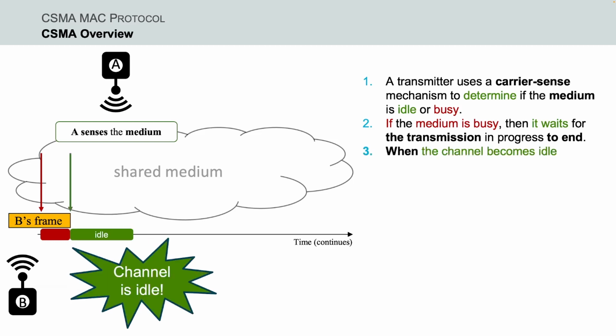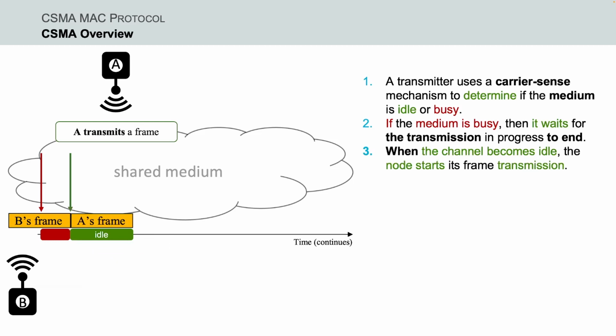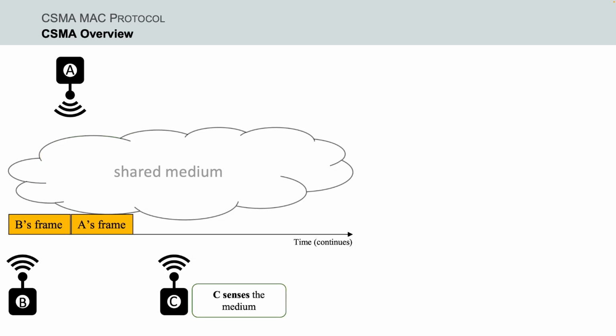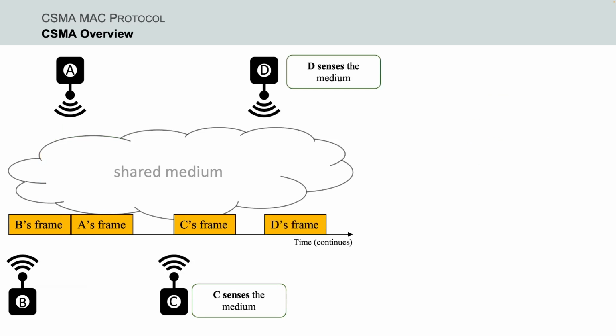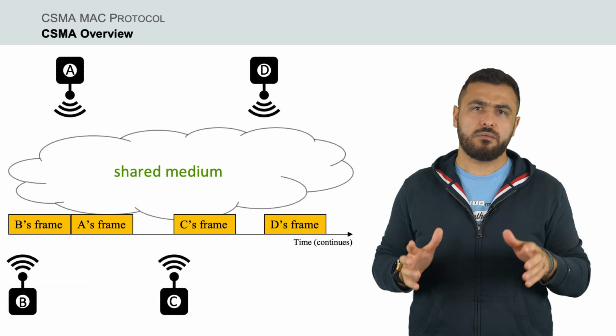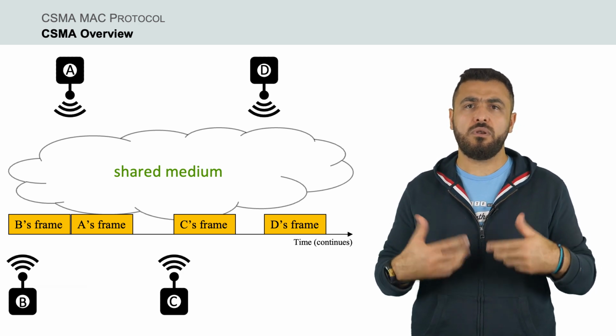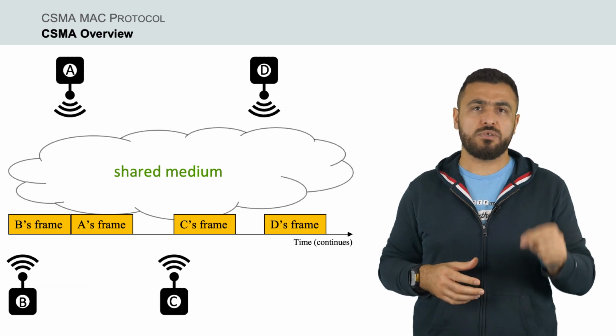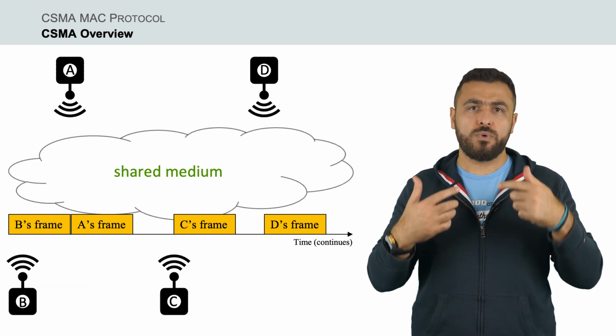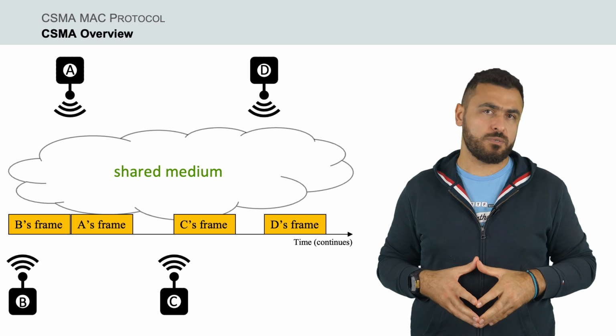When the shared channel becomes idle, the node starts its own frame transmission. By employing CSMA, multiple nodes may in turn send and receive frames on the same shared medium. Note that the transmissions by one node are generally received by all other nodes connected to the shared medium and within the radio propagation of the transmitter.